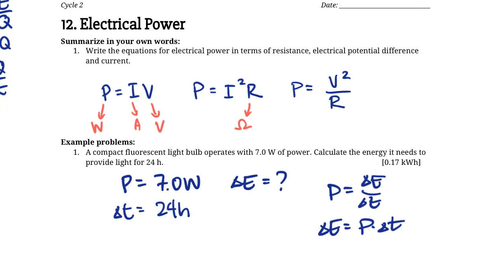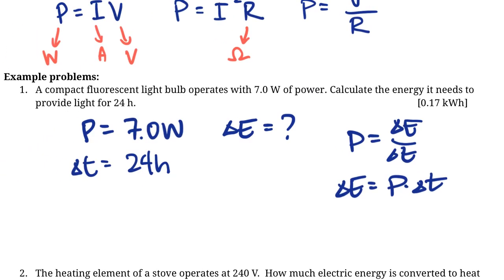Now, because we're working with a long period of time, specifically 24 hours, it might make sense to put our answer in kilowatt hours, right? And you'll see that's actually what the answer here is listed as, kilowatt hours. So in order to do kilowatt hours, remember we just need to put our units in kilowatts and hours. So power is 7 watts, which if we divide by 1,000 is 0.007 kilowatts, right?